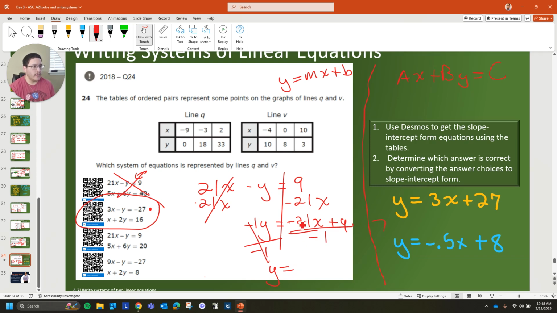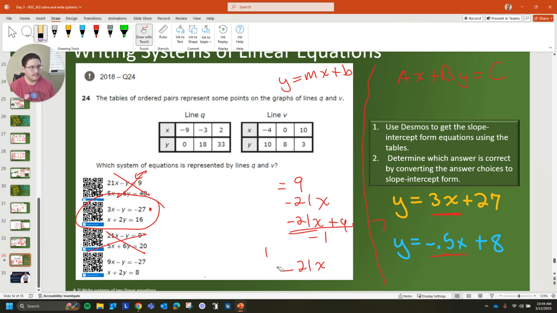Y equals negative 21 divided by negative 1, which is positive 21x. And I can just stop right there because neither of my choices has 21x at all. So this one's no good again. Let's go to the last one now.